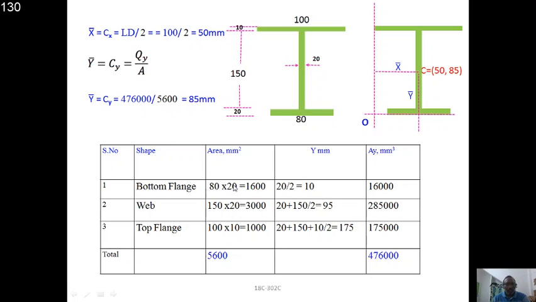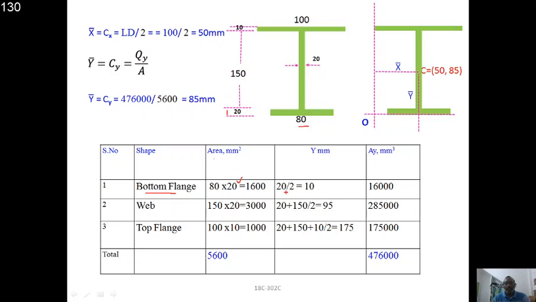So tabulate the distances and areas as shown in the table. The bottom flange area is 80 by 20. So this is the 80 and this is the 20. The same has been mentioned here. And 1600 is the value.